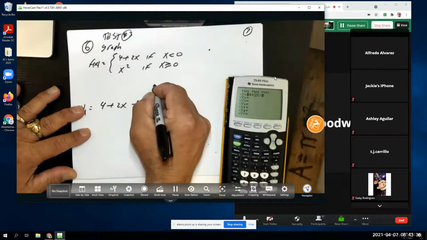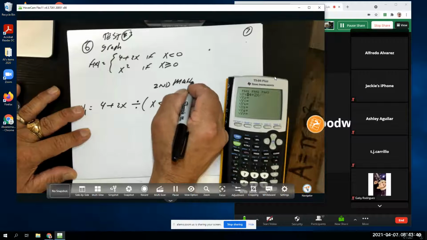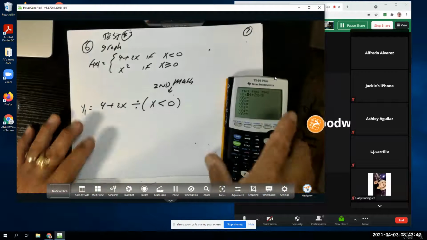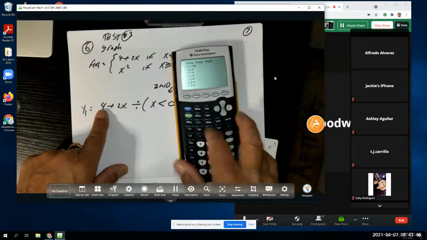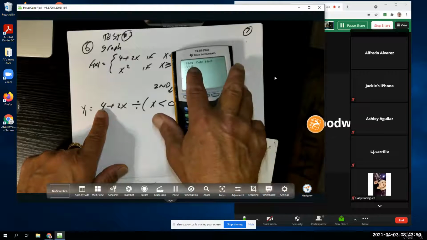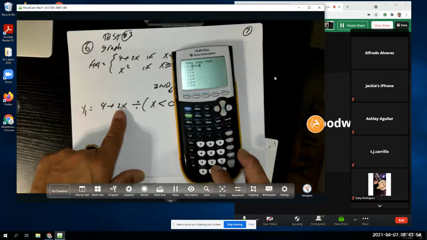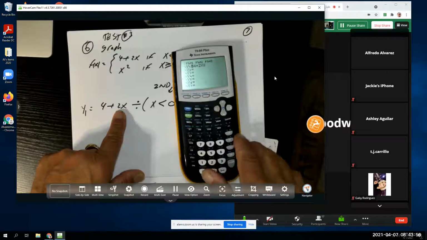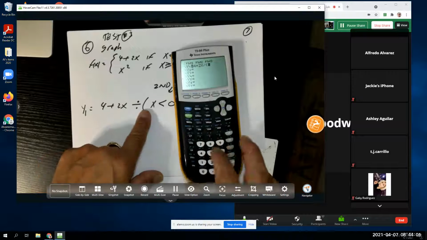To do this, you have to go second and math. Did you remember this? No, so let me do it again. Start again. You hit y, first one right there, you go 4 plus 2x, and then you put the division symbol, parentheses, x.